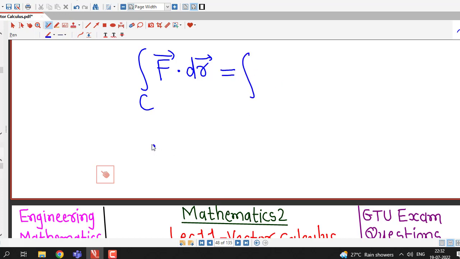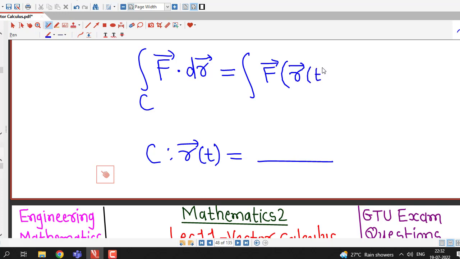If we consider the parametric representation of curve C as r bar t, a vector either in plane or in space, then this is equal to the integral of f bar of r bar t dot dr bar by dt times dt.